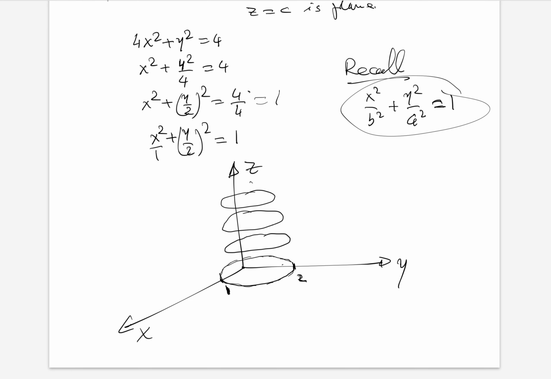Okay? And that's the way you build it, and the lines will be parallel to the z-axis. You keep going like this.